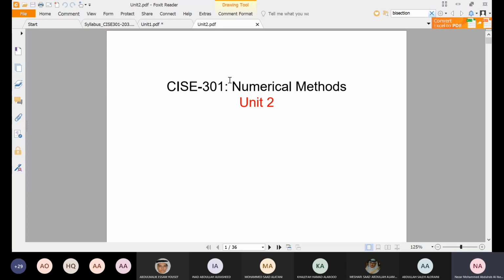Okay, so sorry, the second unit here, guys, we'll talk about finding the roots, or the location of the roots of functions. During this topic, unit 2, we'll study different types of methods to find the roots, or the solutions, of nonlinear equations.